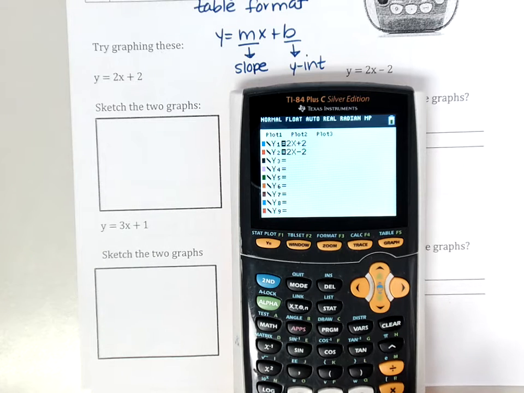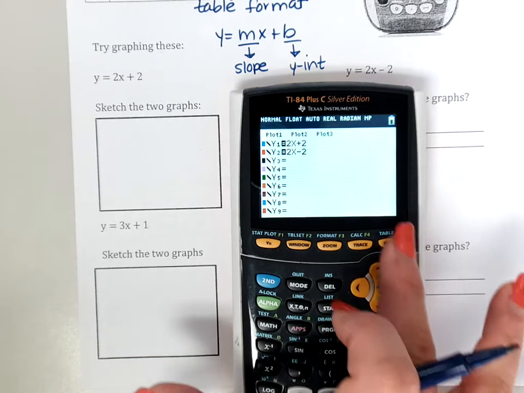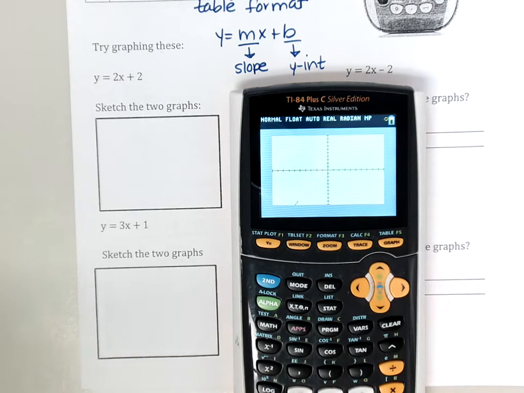At any point, if you need to pause to get caught up, if you're doing this with me, make sure you pause. All right, when we're done, we will hit the graph button. Because these ones are colored, the color of the little box next to the y will be the color of the graph. So the first one was blue, the second one was red.